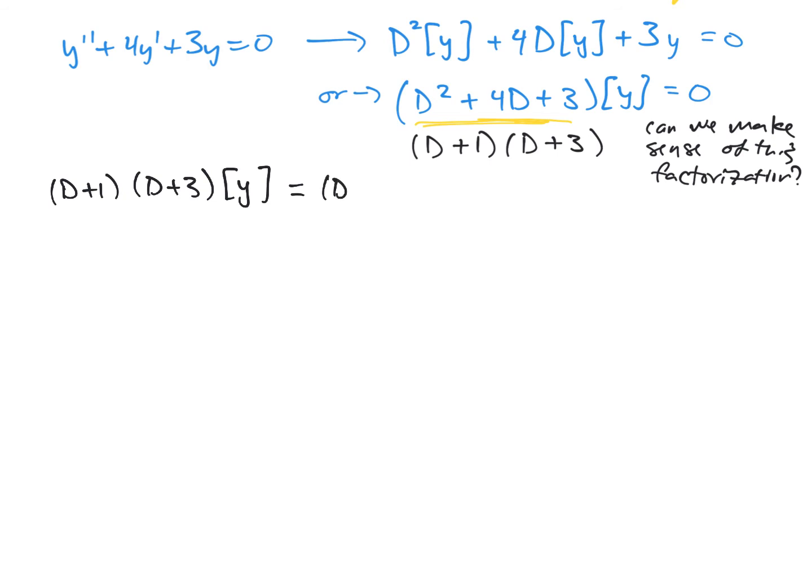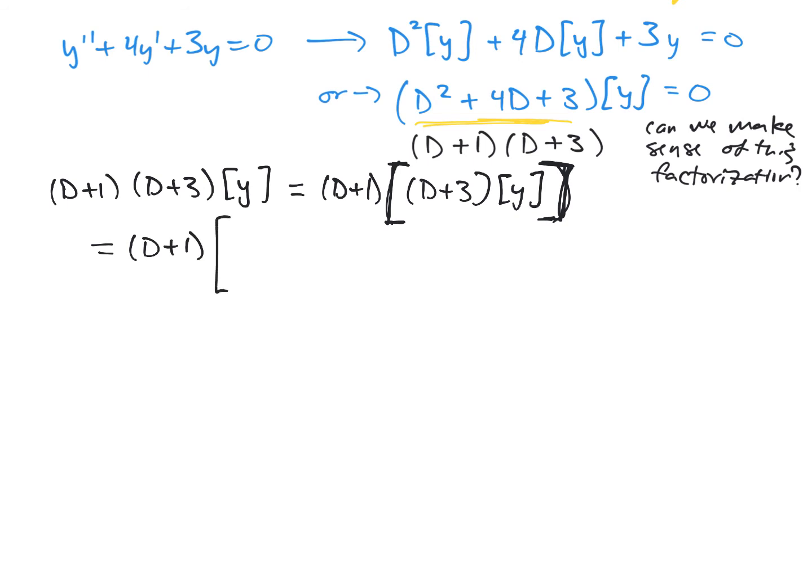So first you would do, let's leave this D plus 1 alone, you would do D plus 3 operating on y. Oh, sorry, that should be square brackets there, right? So we'll leave this D plus 1 alone, and it's going to operate on this step in here. So that's going to be D plus 3 operating on y is y prime plus 3y.